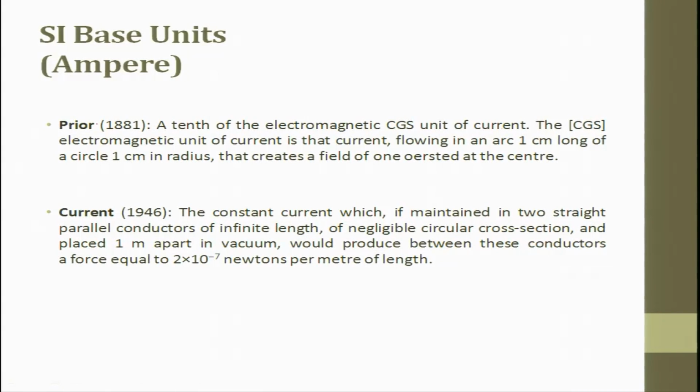So, this was prior, but the current definition is from 1946: the constant current which, if maintained in two straight parallel conductors of infinite length and negligible circular cross section, placed 1 meter apart in vacuum, would produce between these conductors a force equal to 2 into 10 to the power minus 7 Newton per meter of length. That is nothing but the definition for amps.